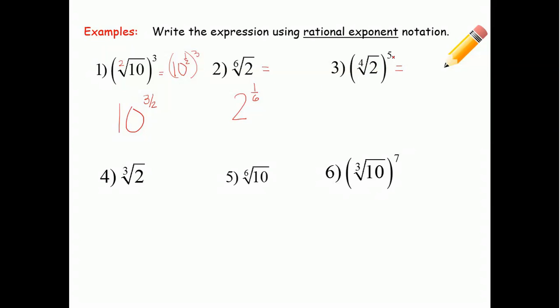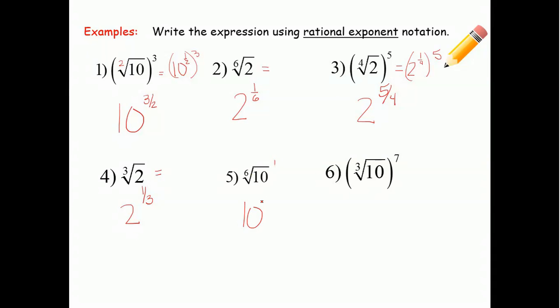4th root of 2 to the 5th power. Let's change the inside. So that's 2 to the 1/4 over 5, or 2 to the 5/4. No number outside, so that's going to be 2 to the 1/3 power. Little 1 here, right? Because there's no number.